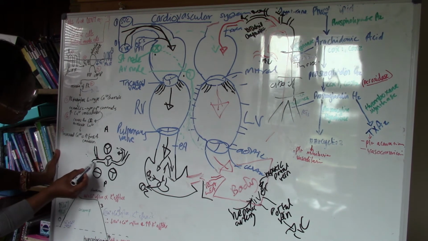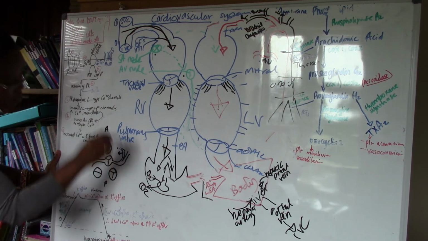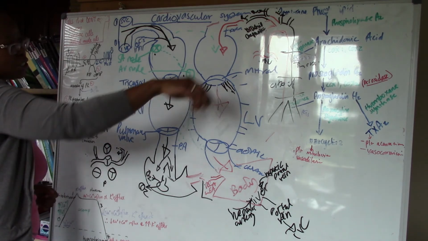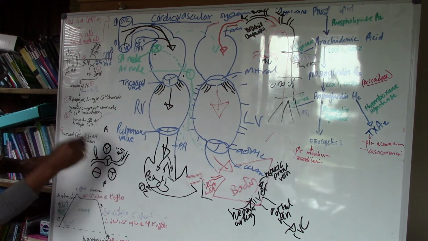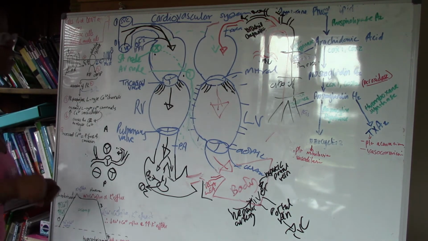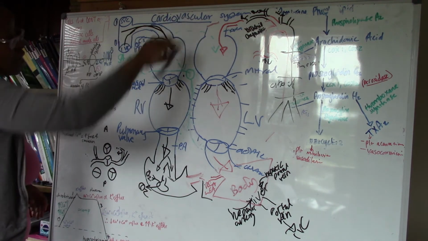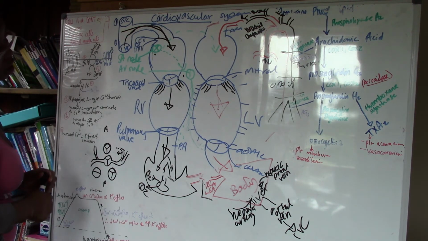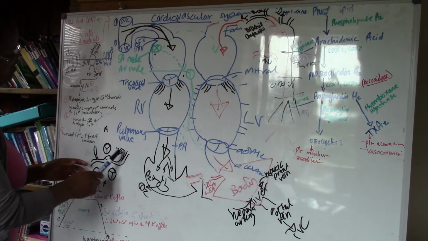So then we'll have a circumflex, which supplies the posterior aspect of the heart, including the septum, and again all the coronary arteries.